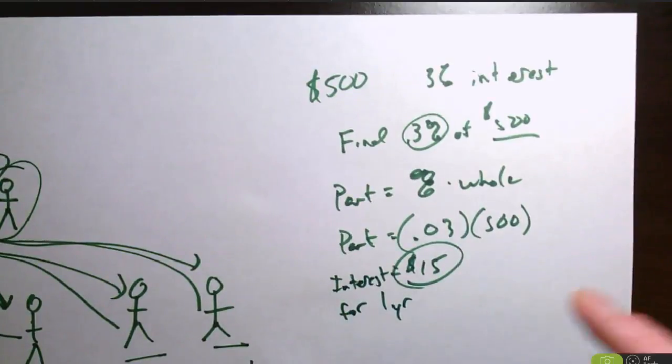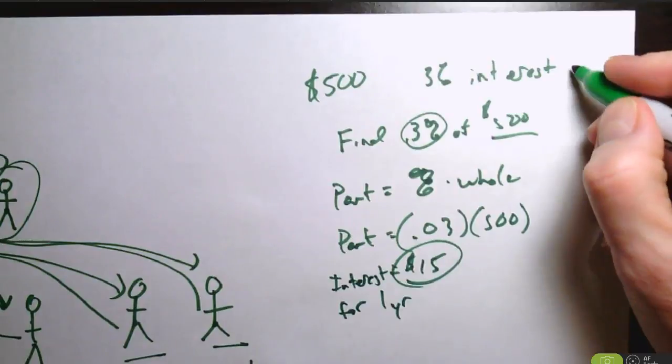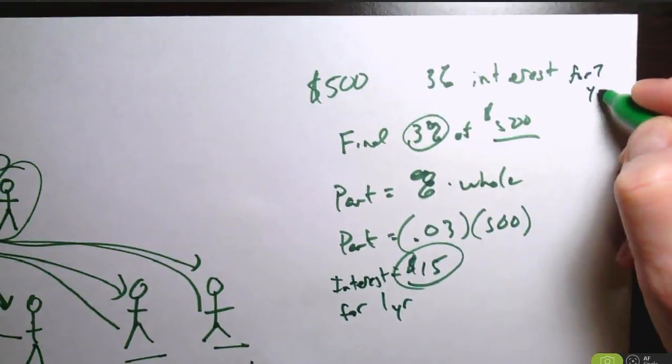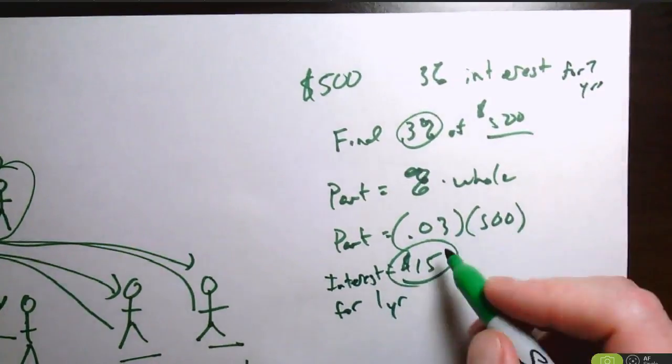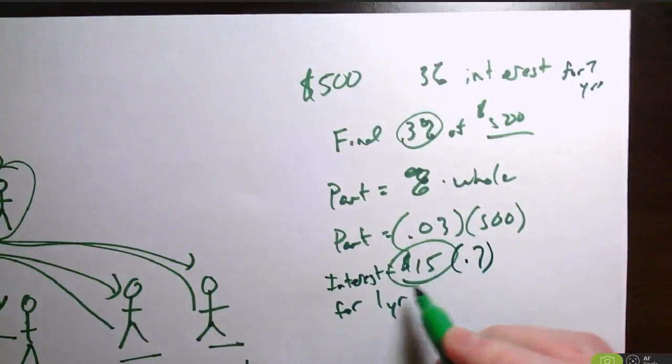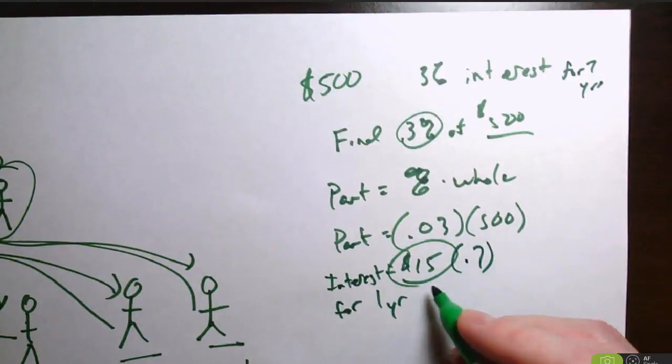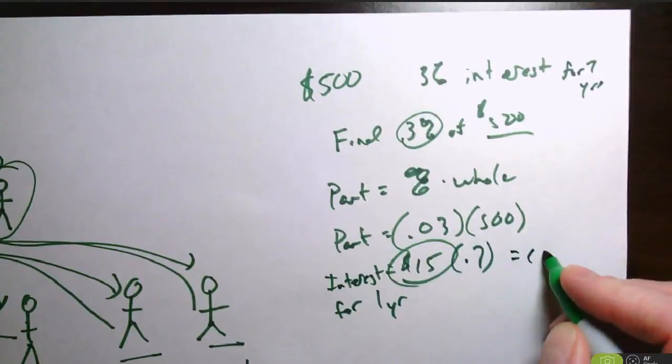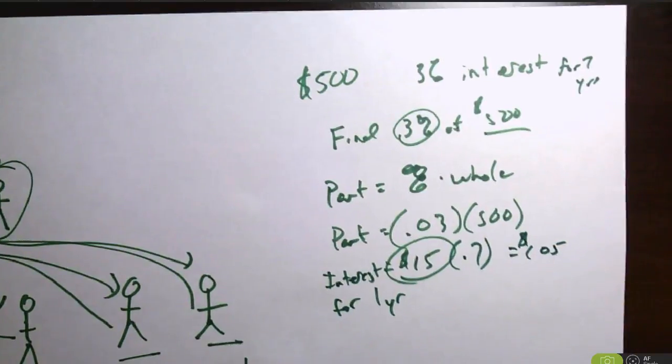So if I wanted to know for 7 years, what I would do is say, okay, once I got $15, multiply it by 7, and that would give me 70 plus 35, which is $105.